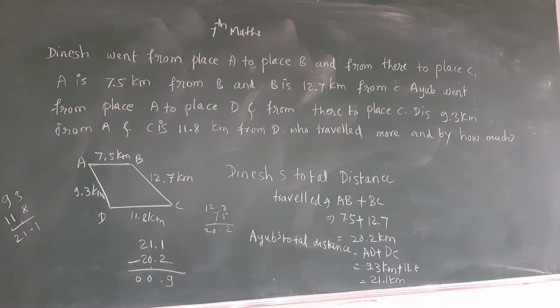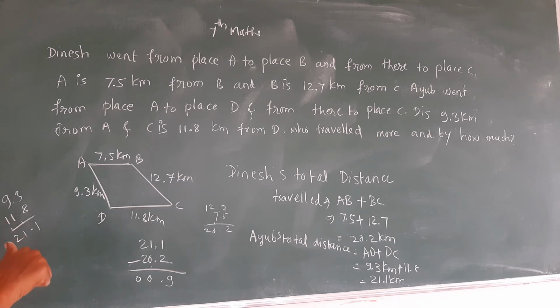And again, Ayub's total distance we are going to find now. See, Ayub went from place A to place D. He is traveling in the reverse direction, that is from A to D and then from D to C. We are going to find the total distance, which means A to D is 9.3 kilometers and from D to C is 11.8 kilometers.